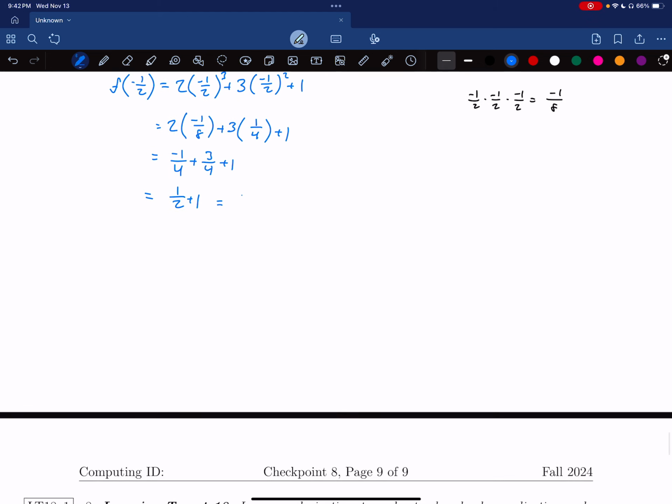That is equal to 3/2. Now we can say that our inflection point is at negative 1/2, our x value, 3/2, our y value.